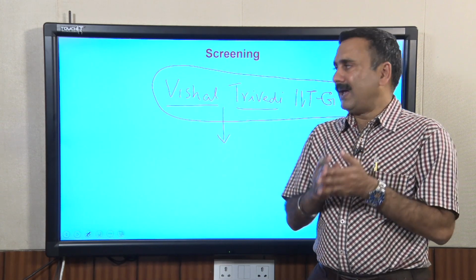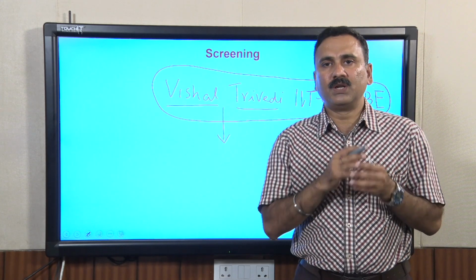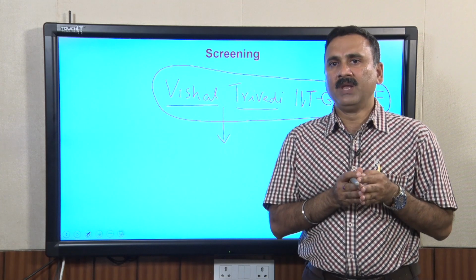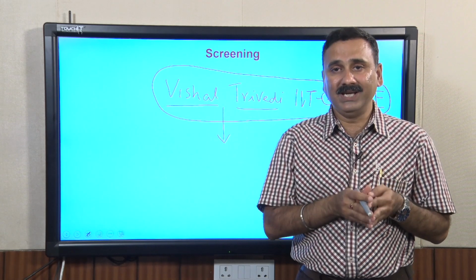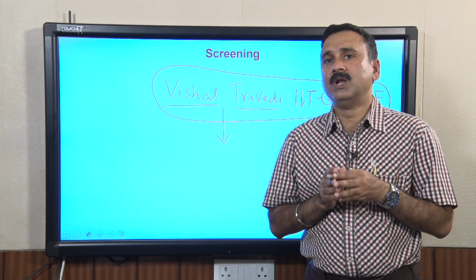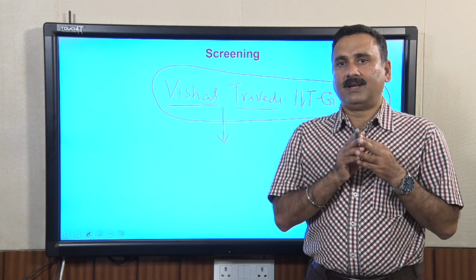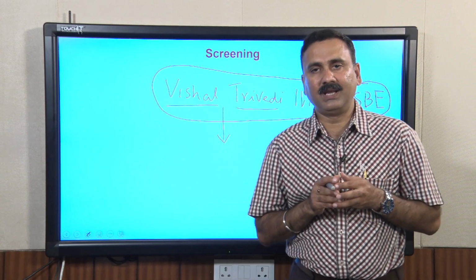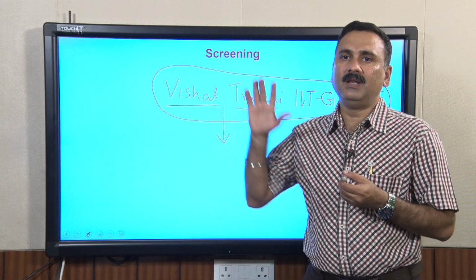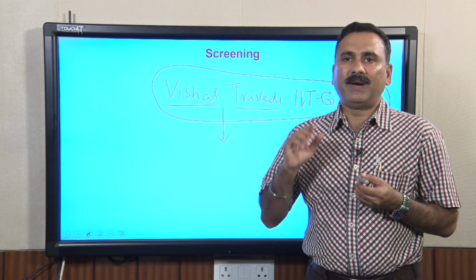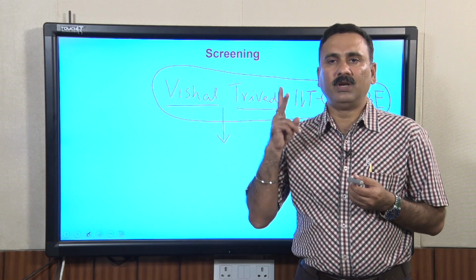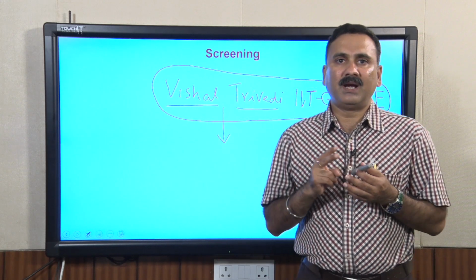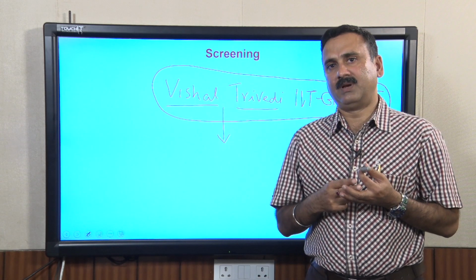Similarly, when we would like to screen the clones for a desired property or for a clone containing a desired gene, you also have to use a specific analytical tool or technique. In the biological system, only two molecules have some kind of ordered arrangement.